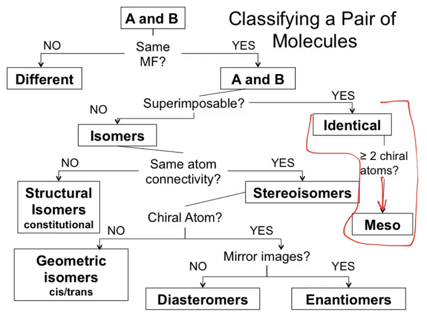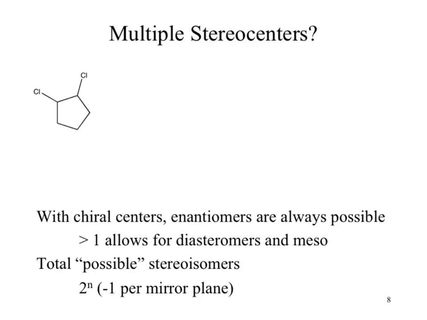We're saying that it has at least 2 chiral atoms. If it does have that aspect, then we call it meso as opposed to saying it's identical. Because the relationship is identical, ultimately you lose a possible stereoisomer if you have that plane.